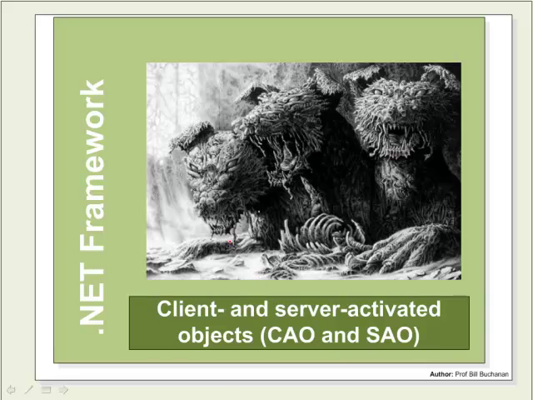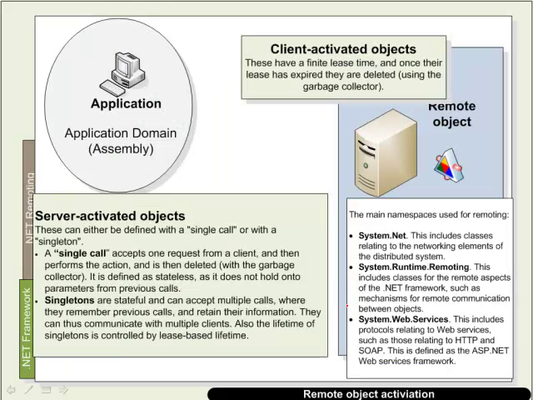A key concept inside the .NET framework is the difference between client and server activated objects. So we get the concept of CAO or SAO, client activated or server activated.